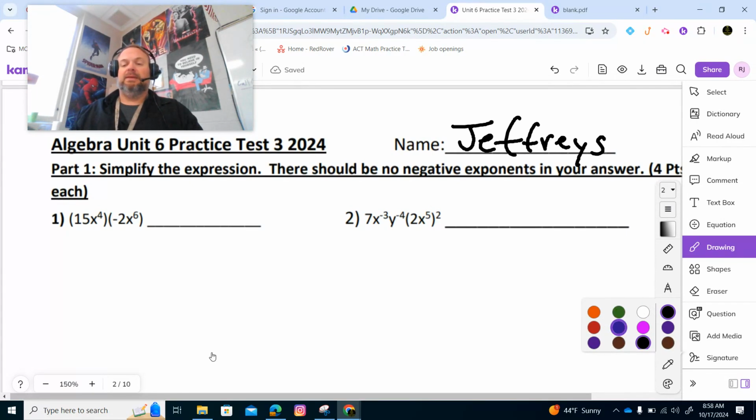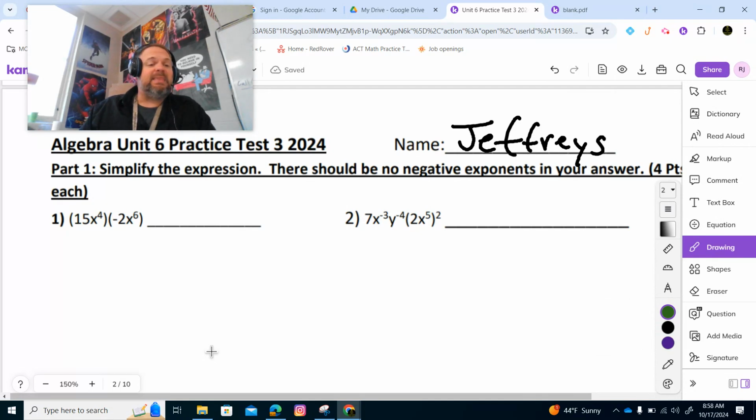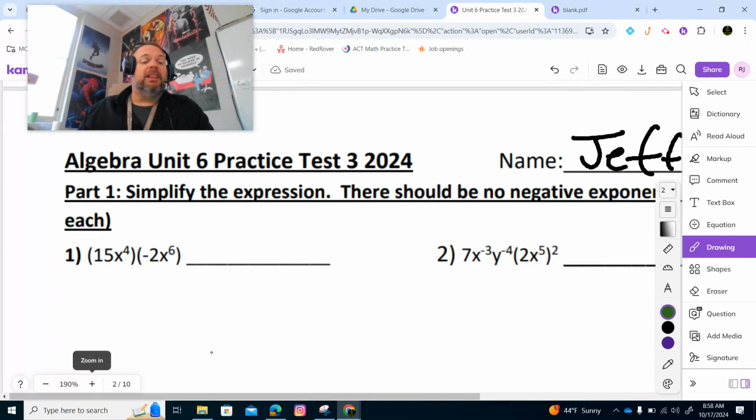All right, so let's start this off. First, let's actually look at the problem for more than 0.2 seconds. Let's see if there are any exponents on the outside of the parentheses. No. So this is just a straight up multiplication.